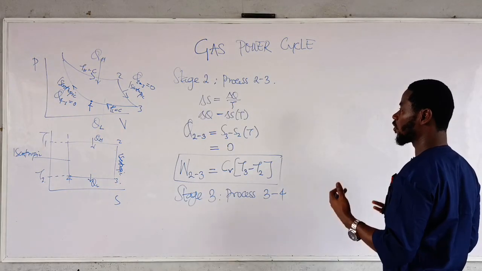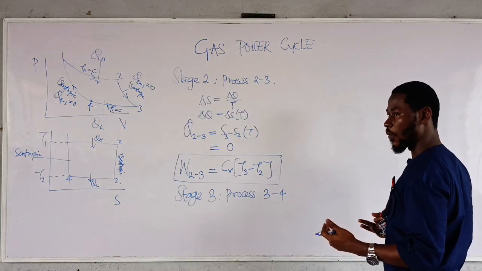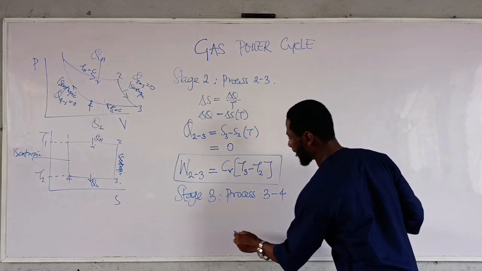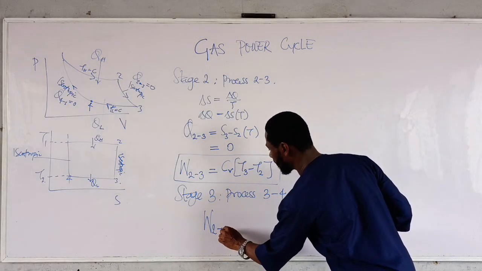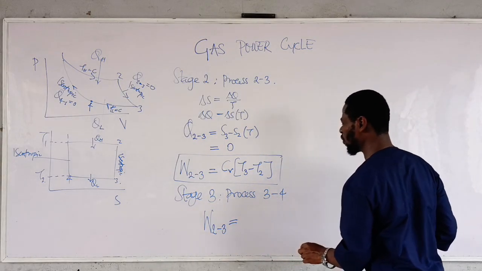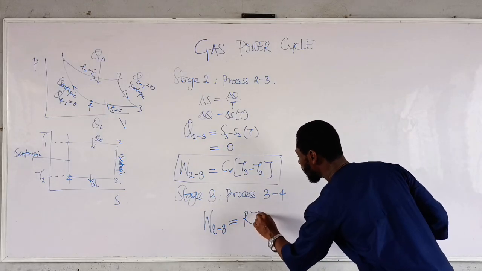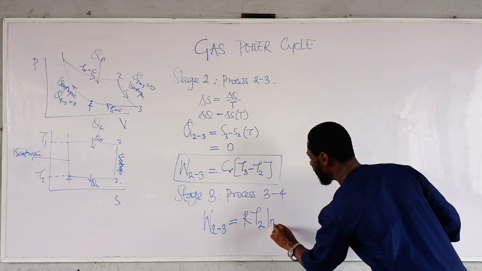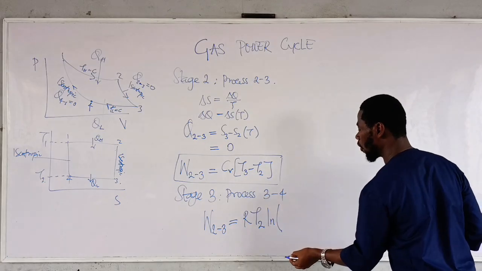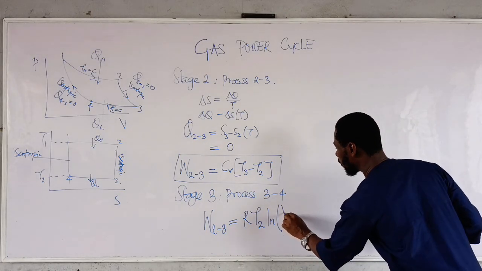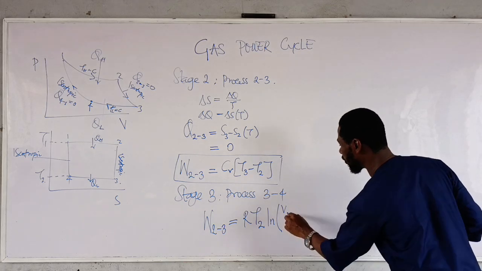At this level, we go back to our first law. We analyze for work transfer. W2 to 3 equals RT2 ln in terms of volume, V4 over V3.